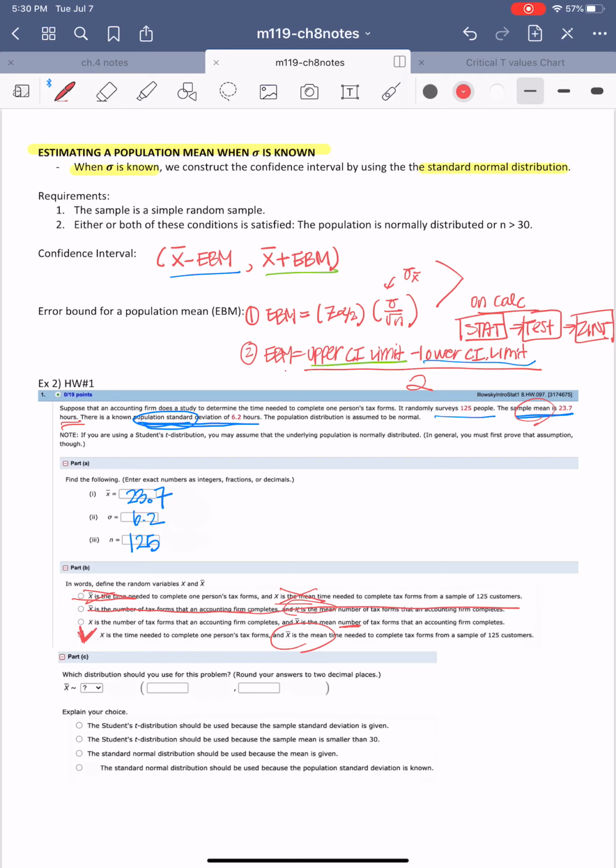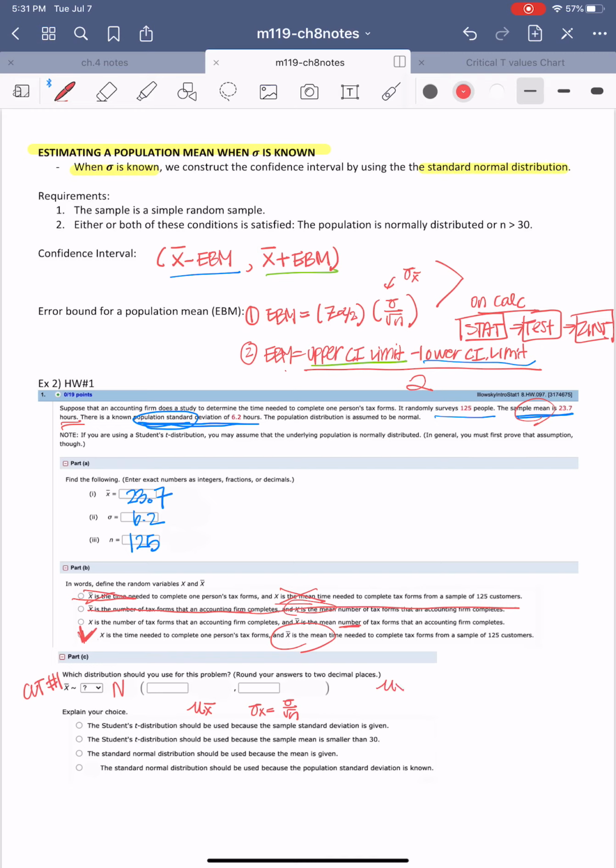X bar is going to be, what is it? Sigma is known, so we are going to deal with the standard normal distribution. This will be the normal distribution. Recall from the chapter, this is your CLT number 1, x bar. CLT number 2 was the sum. So this is your mean of x bar, and this is your sigma of x bar, which is sigma over square root of n.